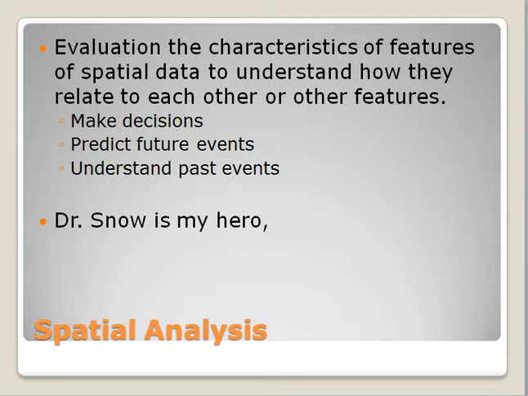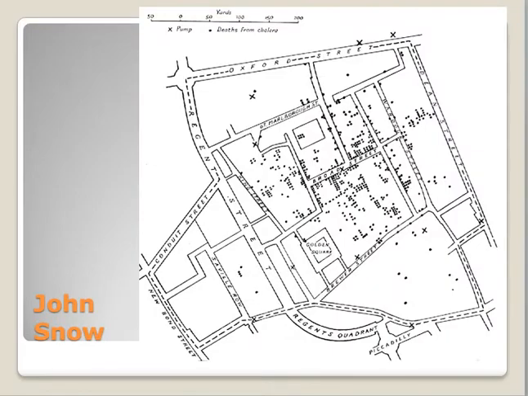There's a story of a gentleman named John Snow, who was an anesthesiologist, I believe, in England during the 1800s, and there was an outbreak of cholera, and the belief at the time was that people got cholera from bad air, and so the remedy was to close the windows and stay inside and don't shower. But he decided to try and understand why people were dying, and he wanted to look at it spatially.